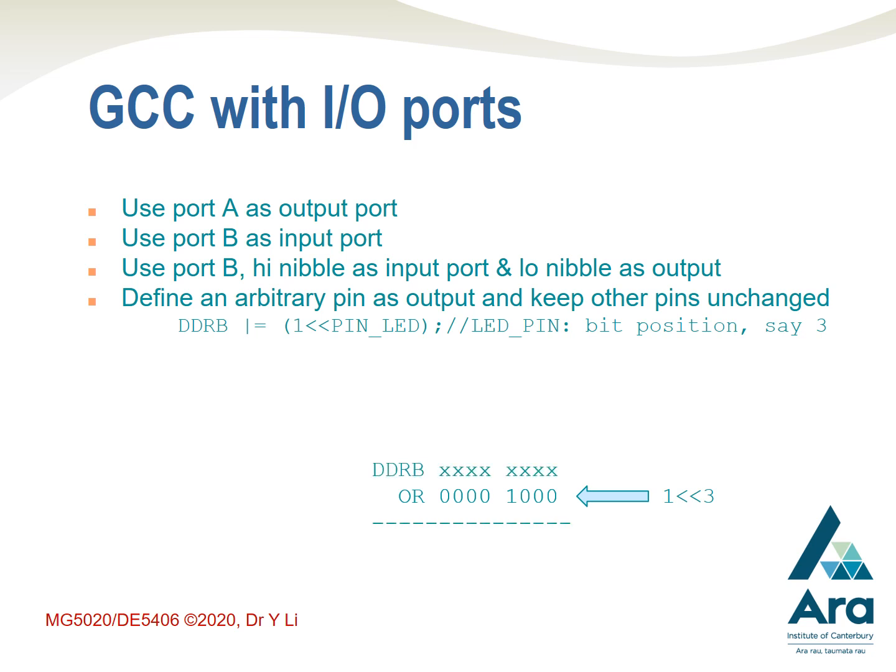And for the bitwise OR statement, suppose here is the value in DDRB, which can be anything, 1 or 0. Now if we bitwise OR with this given value, what is the result?